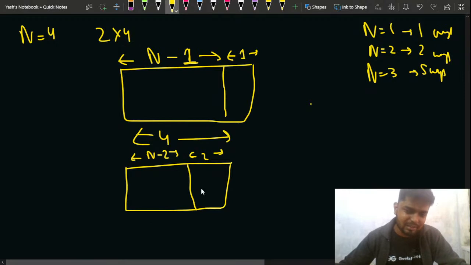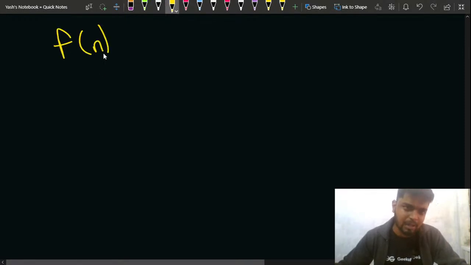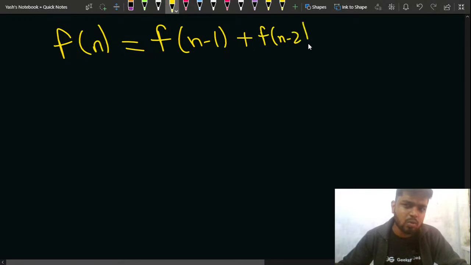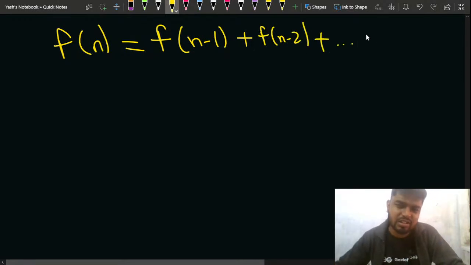So that is why you need to find the relation between f of n and the other parts, right? So f of n can be equal to f of n minus 1 plus f of n minus 2, plus, if you try to do it, you will get a relation of this sort.